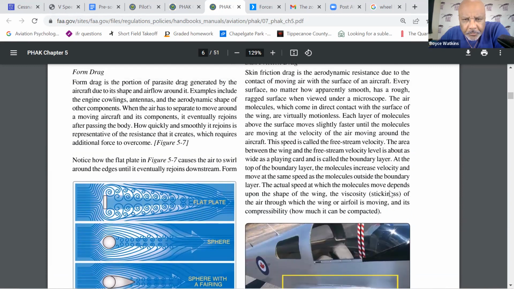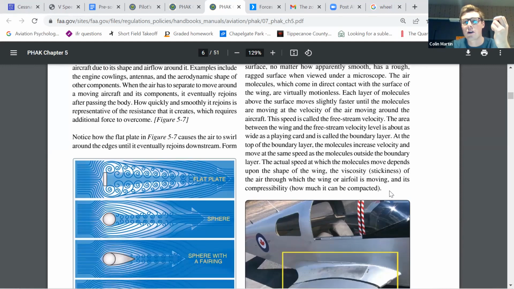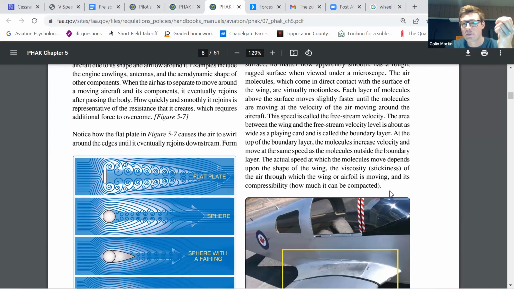Okay, and then we have skin friction drag, which just refers to the skin of the aircraft you use. Our airplanes are made of metal, so those will have less drag than an airplane with just a felt covering along the wings.